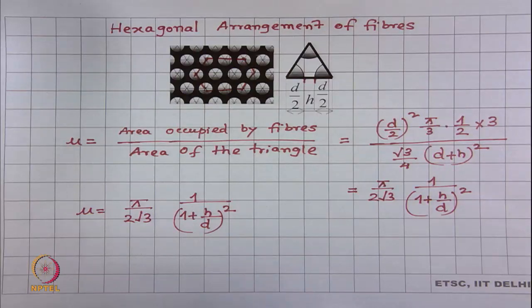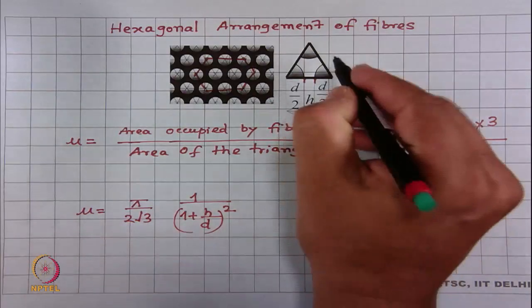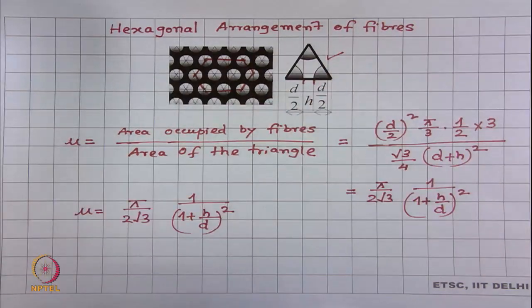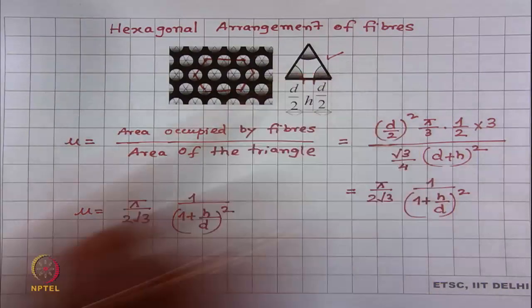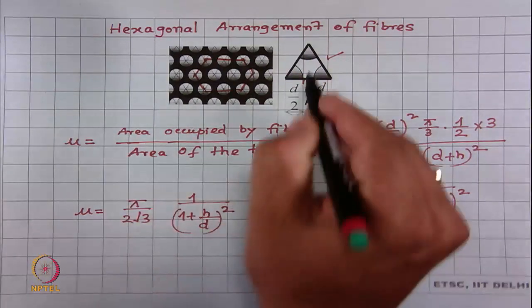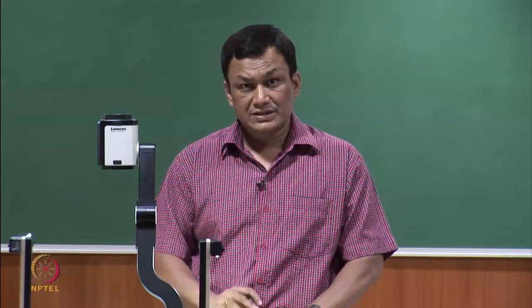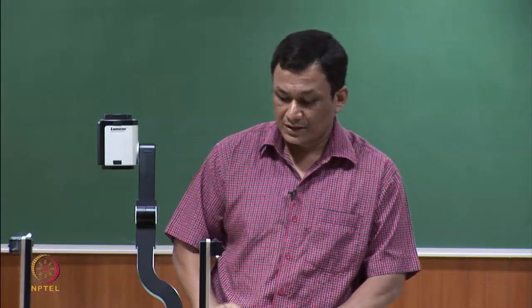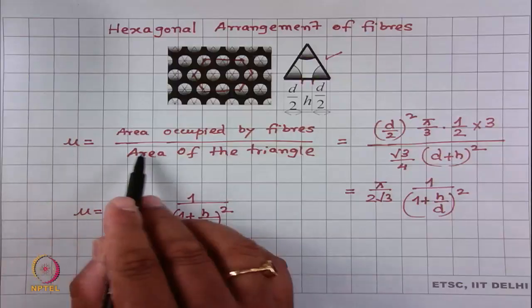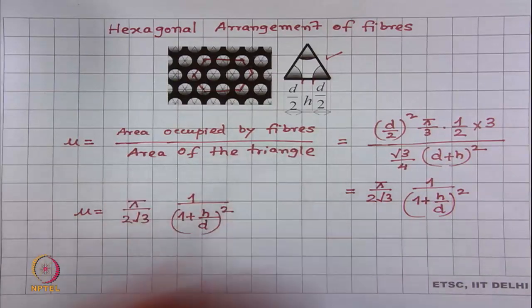This model structure is a repetition of one unit cell. That unit cell is shown here. It is basically a triangle. In this triangle, free space is there and also some areas are occupied by fibers. Now, how much is the area occupied by the fibers? So, packing density is defined by area occupied by fibers to area of the triangle.